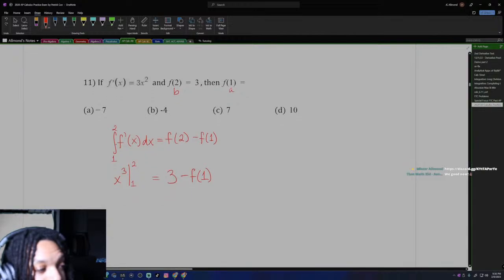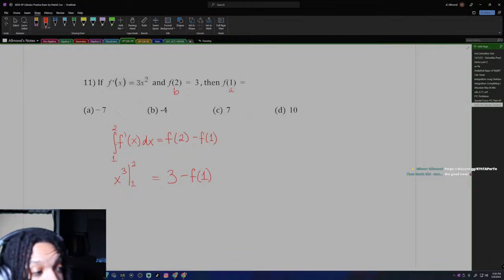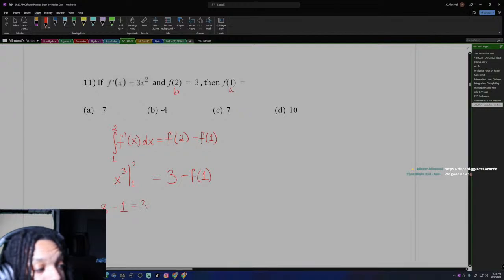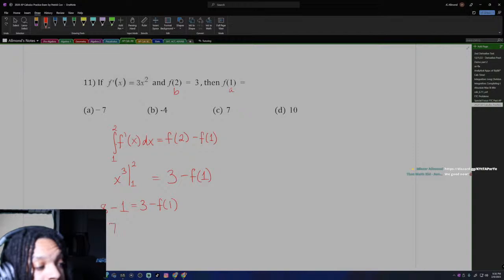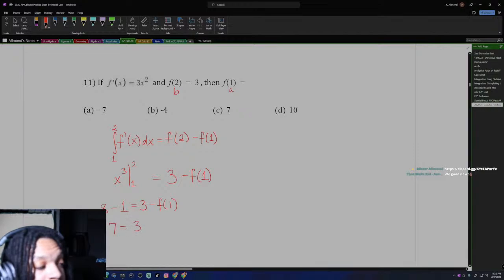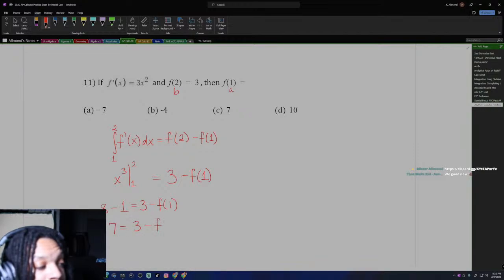So here's my strategy. I'm going to take this x cubed and evaluate it at 2 minus x cubed evaluated at 1. And then let's see if I can solve for f of 1. So 2 cubed is 8 minus 1 cubed is 1 equals 3 minus f of 1. 8 minus 1 is 7. 7 equals 3 minus what?